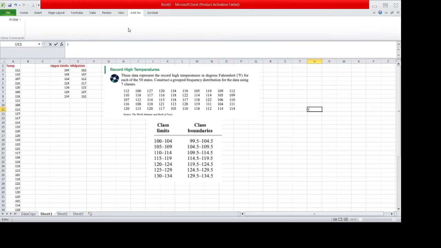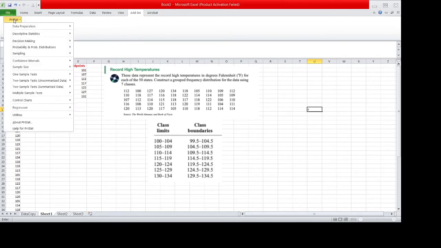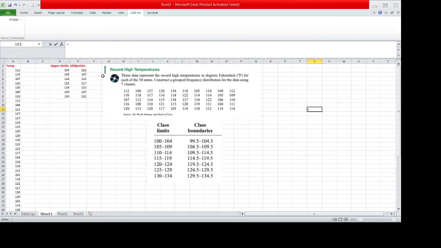Now, to start with the construction, go to Add-ins and then press PHStat and choose Descriptive Statistics, and then go to Histogram and Polygons.